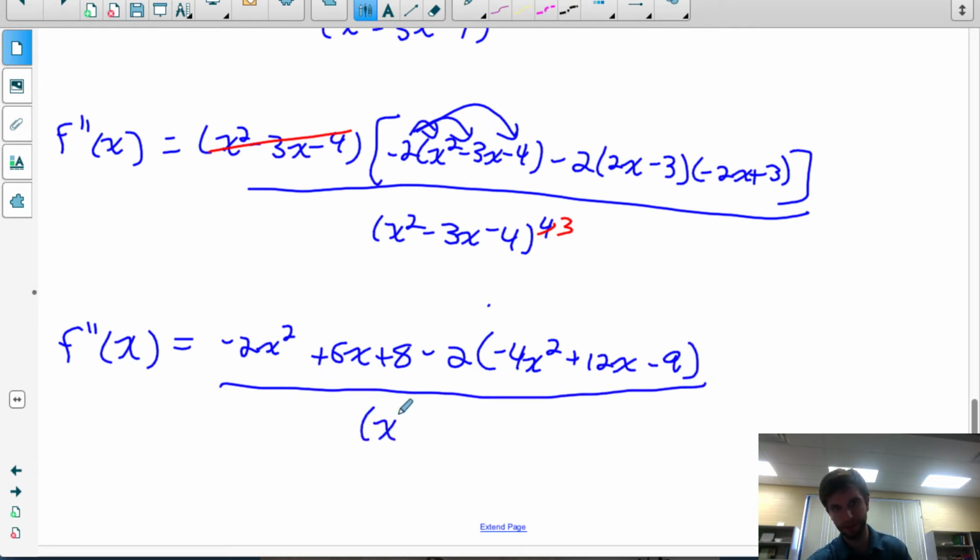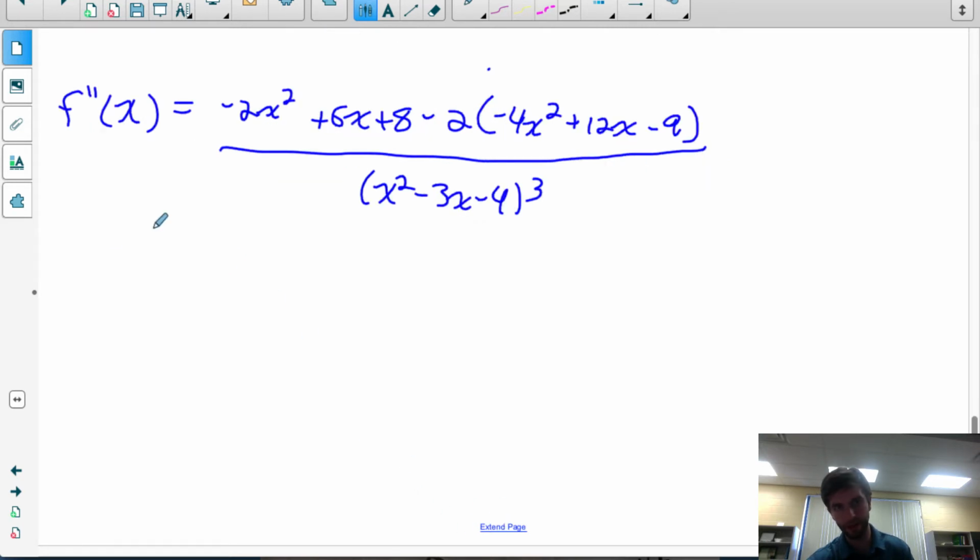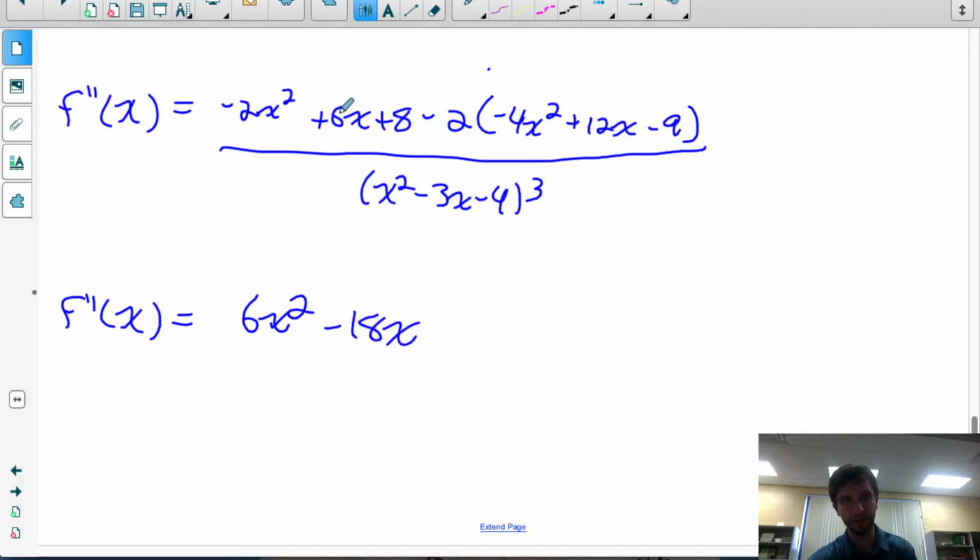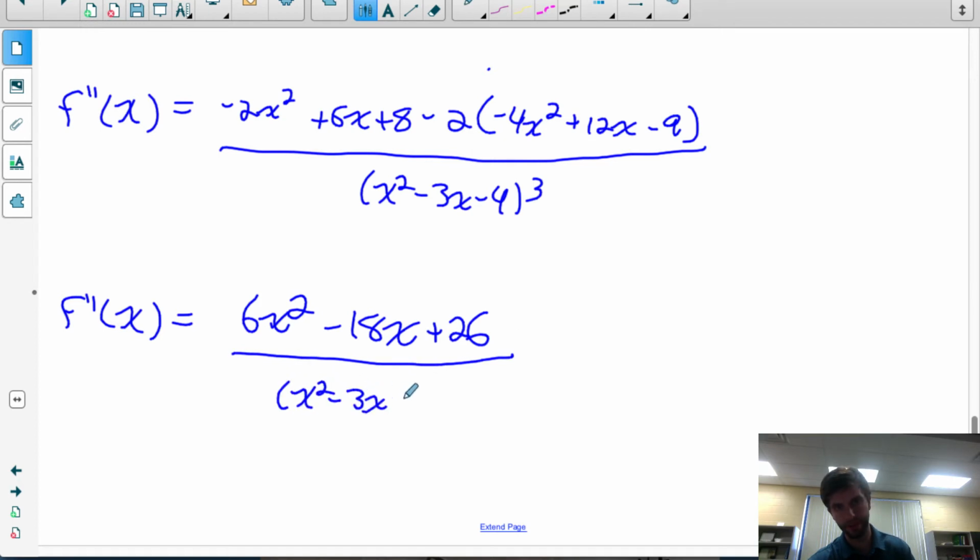And it's all over my denominator still. Let's do one more step of collecting here. So I've got a negative 2x squared, and then a plus 8x squared, so that's 6x squared. I've got a 6x, and then a minus 24x, so that's negative 18x. And I've got a plus 8, plus 18, that's plus 26. And this is all over the denominator still.